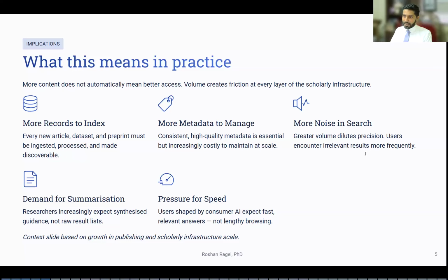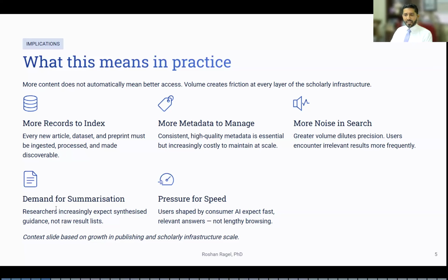Who is responsible for making this noise disappear or making the relevant information accessible? I think the library is the center of such a discussion and such a practice.